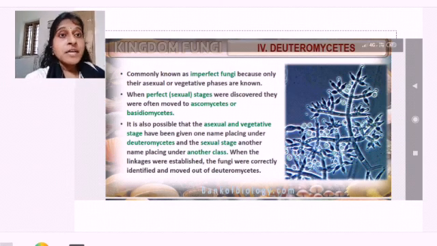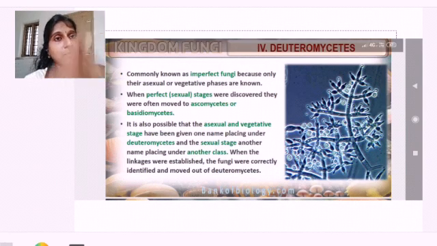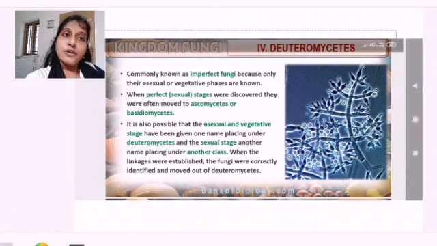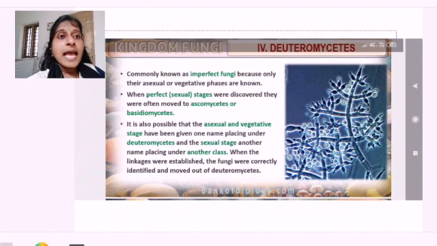Till I discover the sexual stage, the fungus will be put under Deuteromycetes. It is also possible that the asexual and vegetative stage has been given one name under Deuteromycetes, and the sexual stage another name under another class. When the linkage was established, the fungi were correctly identified and moved out of Deuteromycetes.